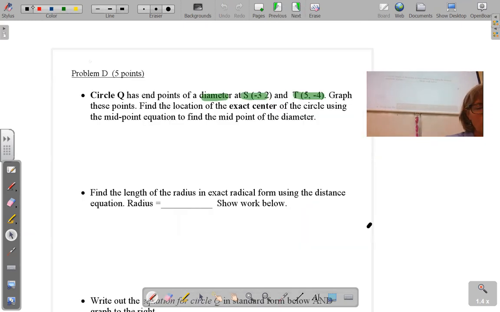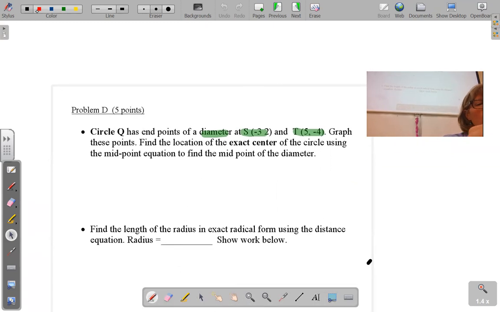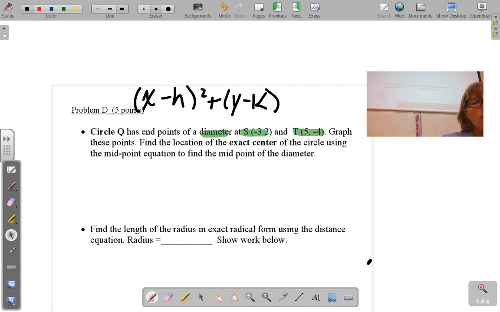Let's put it at the top. You're exactly right. We're doing problem D. The equation of a circle looks like this: (x − h)² + (y − k)² = r². So there's only two things we need: the center, (h, k), and the radius.